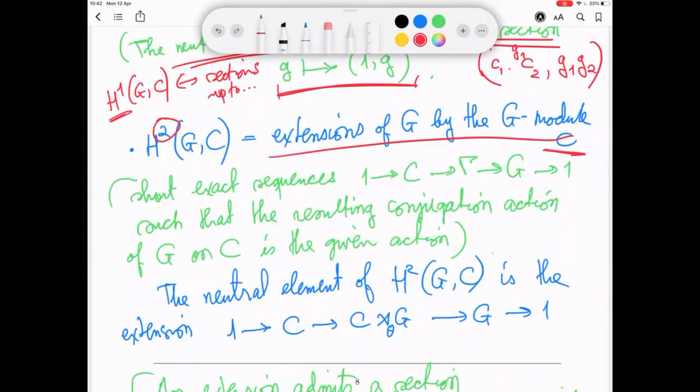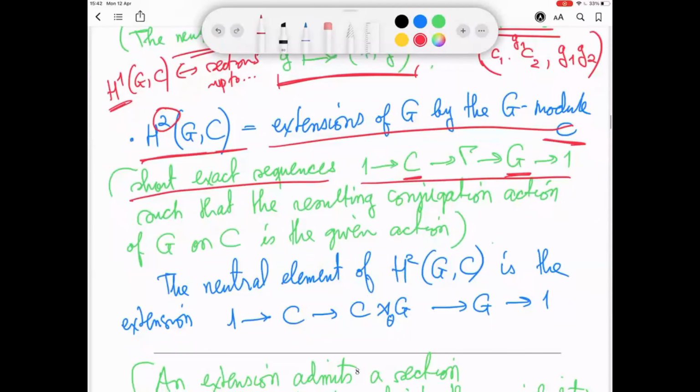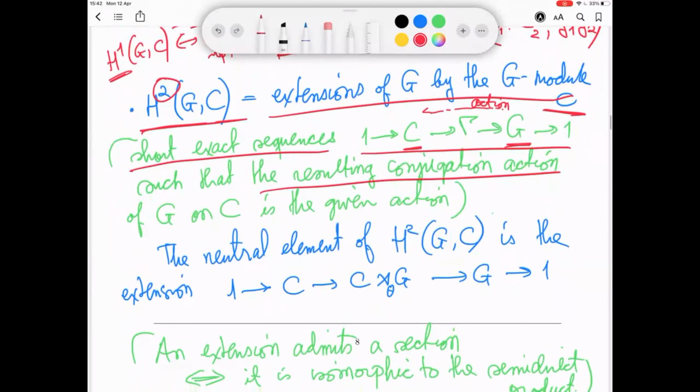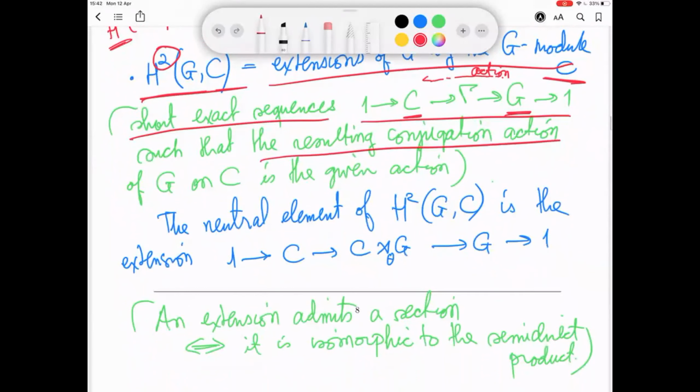It means equivalence classes of short exact sequences where C is a subgroup and G is the quotient, such that the resulting conjugation action, whenever I have a short exact sequence, I have an action of the quotient on the subgroup, is the same as the given action.